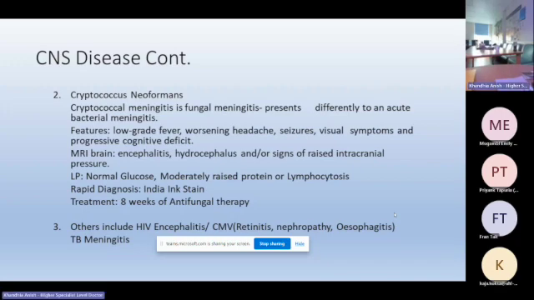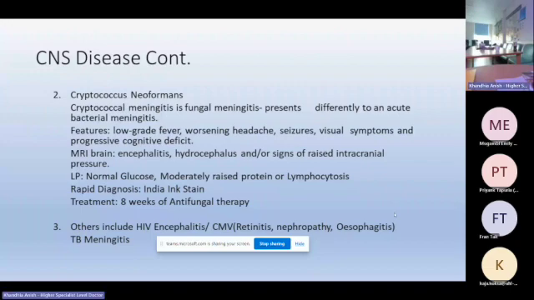We diagnose via lumbar puncture, and I know we've got to be really careful when it comes to patients with high intracranial pressure and lumbar puncture, but I had a chat to some of the ID physicians, and they would still advocate for it in order to get a solid fix on the diagnosis. And what you would see is a normal glucose, a moderately raised protein, and really high white cells and lymphocytosis. Repeated lumbar punctures may also be needed to keep their intracranial pressure manageable.